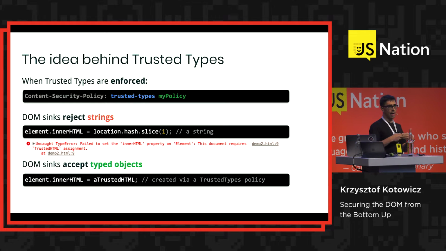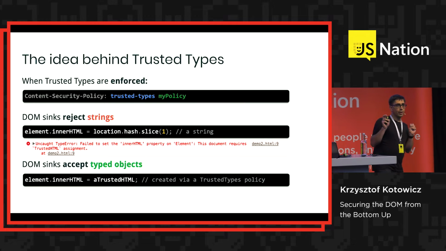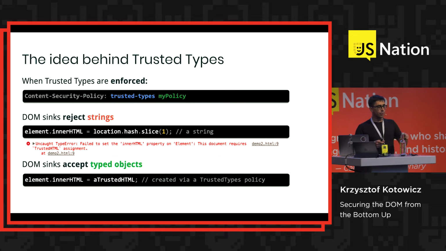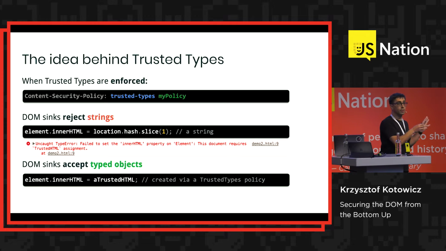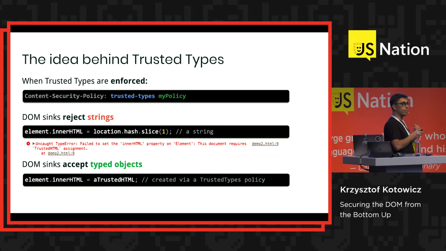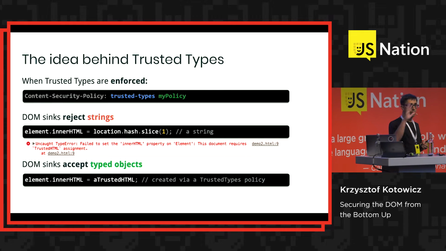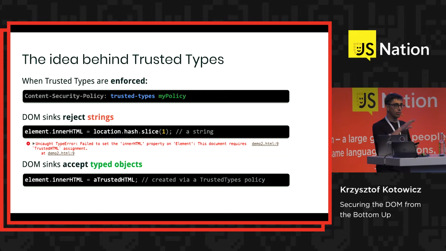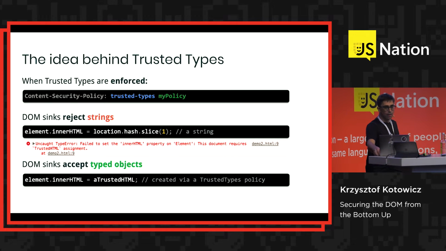What happens when you have this content security policy header is you can no longer use strings, right? So assigning to inner HTML will actually be a type error. This becomes a programming error. This becomes something that you can monitor using your regular error collection services, let's say. But also you get a CSP violation, so if you're using CSP, it integrates well with all your other server-side collections.